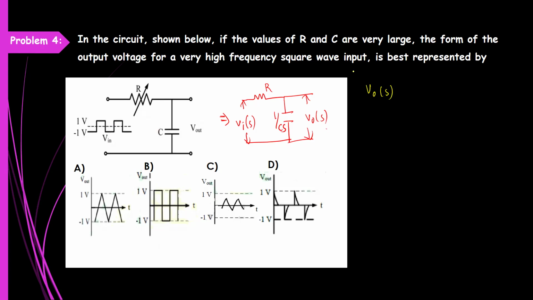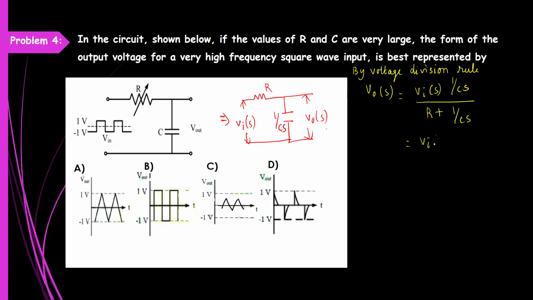So by using the voltage division rule, I am going to find the equation for the output voltage. So V naught of S equals VA of S times that impedance by the total impedance.